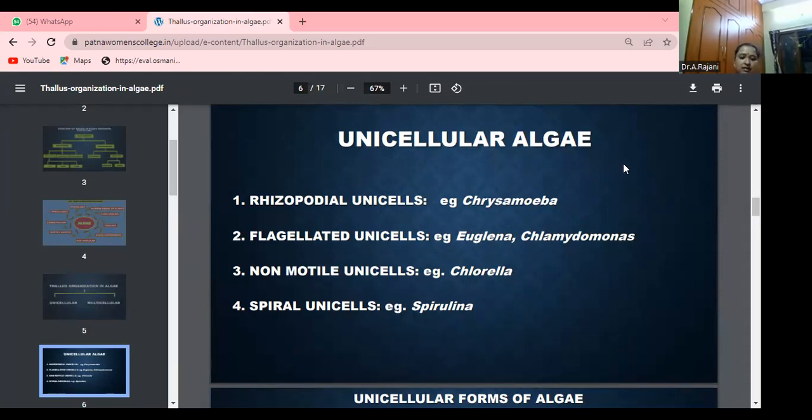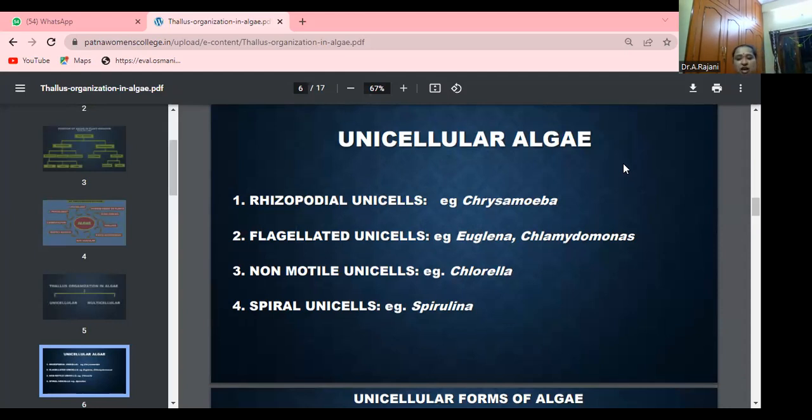Uni meaning single cell. The thallus is a single cell, and the unicellular forms are again of different types: one is motile and the second is non-motile. What is motile? Where flagella are present, that form is called motile. In the second one, flagella are absent. Do you know what flagella are?